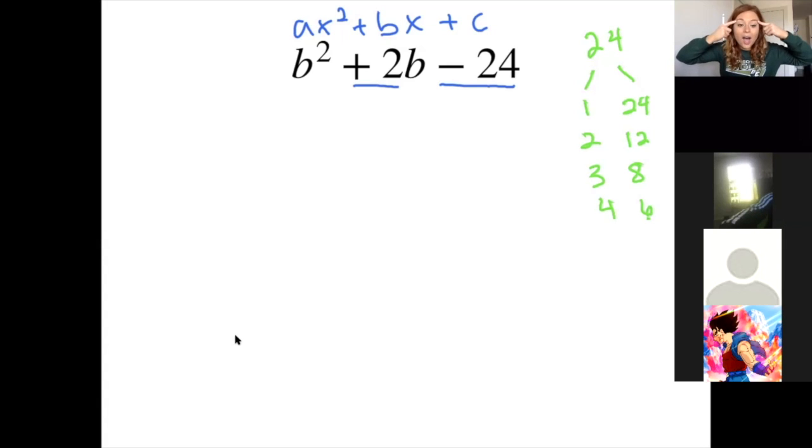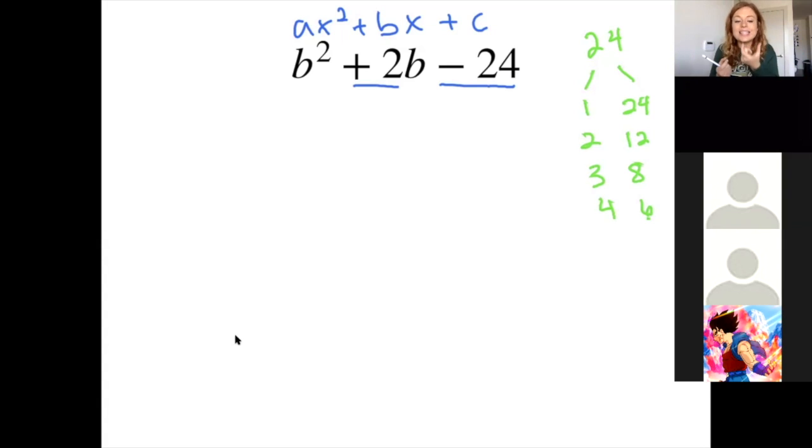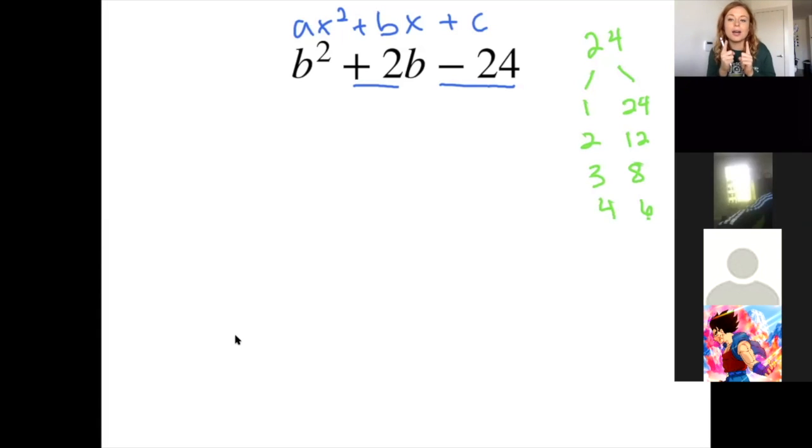Now, because it's a negative 24, one's going to be negative and one's going to be positive. Somebody said it earlier, it's going to be 4 and 6, but this time it's because they're subtracting. Because of this negative, it's which one subtracts to be that B term. So it is 4 and 6, okay?